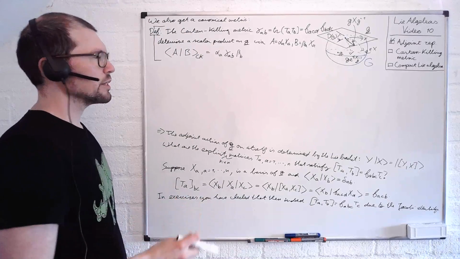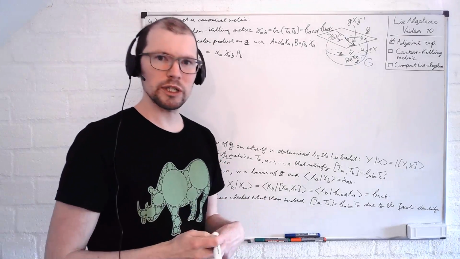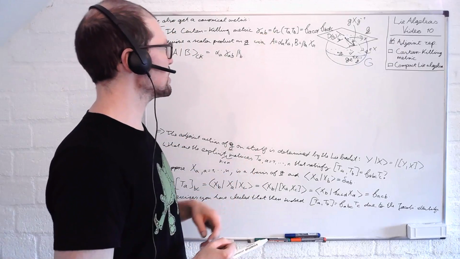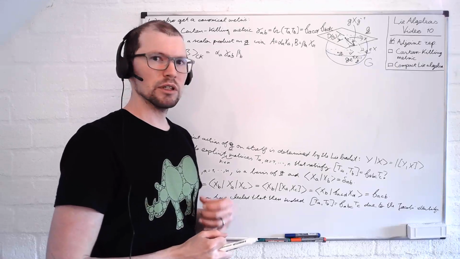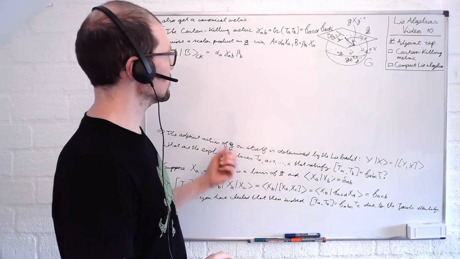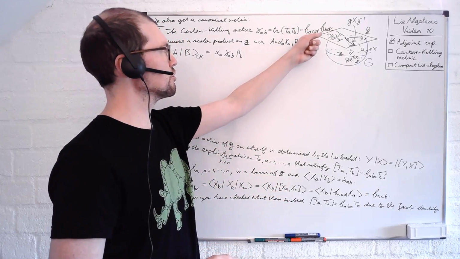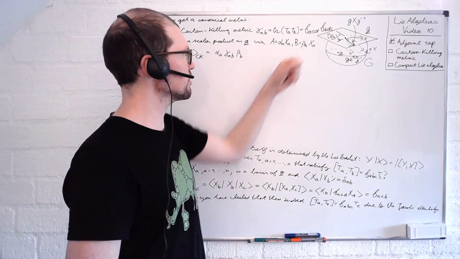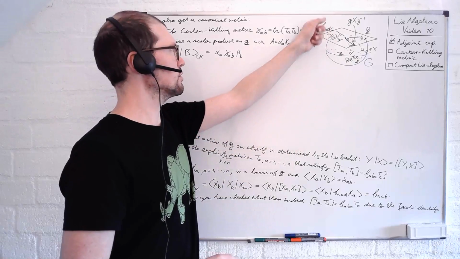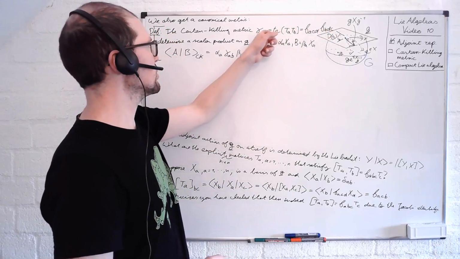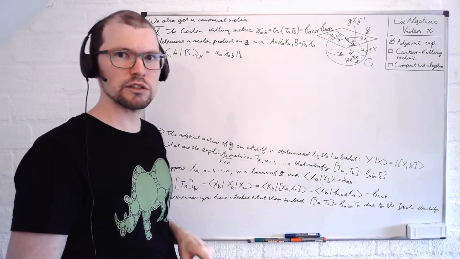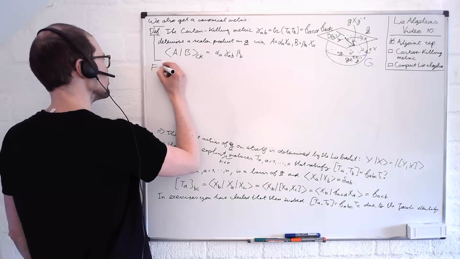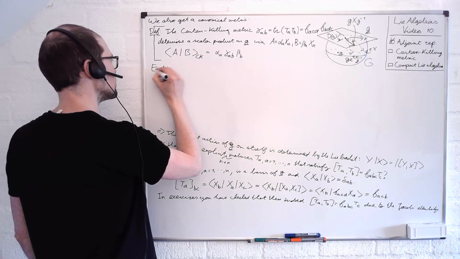Now in practice, when I give you a Lie group and I ask you to explicitly compute the Cartan-Killing metric, it can be a bit painful, because first you have to construct or determine the structure constants in the particular basis of generators X_A that I've given you, and then you have to perform this computation and do the contraction. So here's a little fact that is actually very useful in practice.